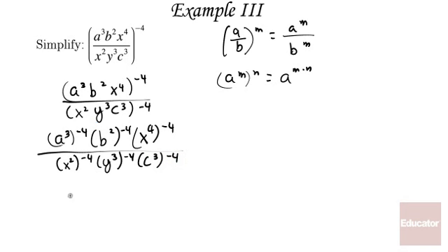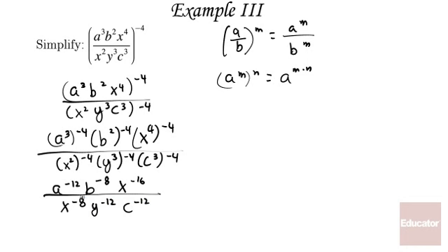And then multiplying the exponents to get a to the negative 12, b, 2 times negative 4 gives me negative 8. And then here I have 4 times negative 4, which is going to give me negative 16, x to the negative 16, x to the negative 8, y to the negative 12, c to the negative 12.